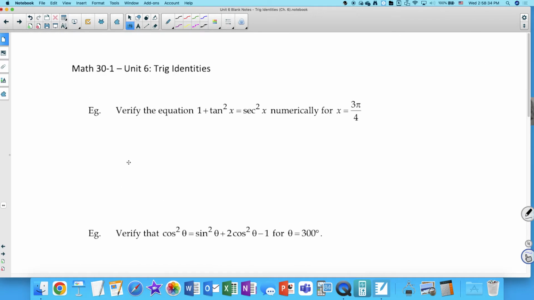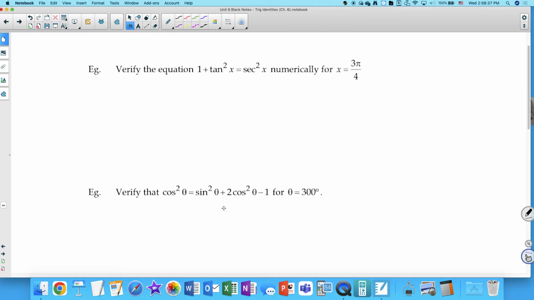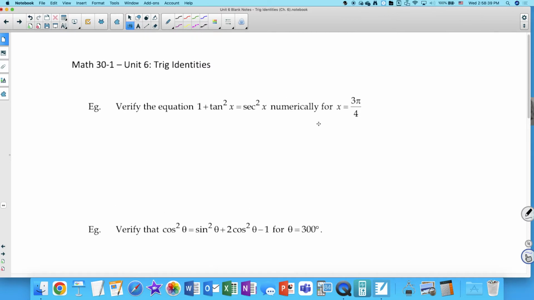Okay, so for example, here are some numerical verifications, and this is where we're going to come back to that last unit that we did with the unit circle. Verify that the equation 1 plus tan squared x equals sec squared x numerically for x equals 3 pi over 4. Okay? So when we're verifying numerically, actually, we don't even want an equal sign there. We just want a chart with the left side and the right side, right?